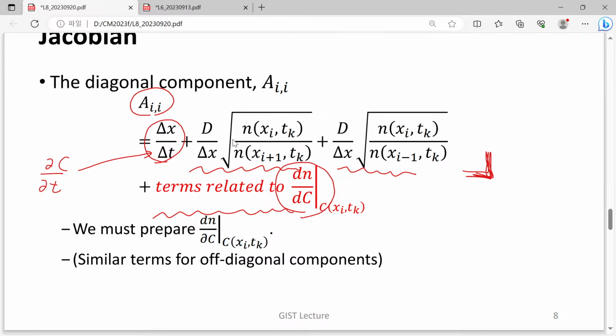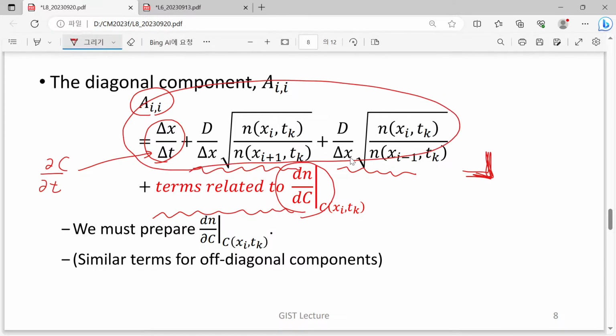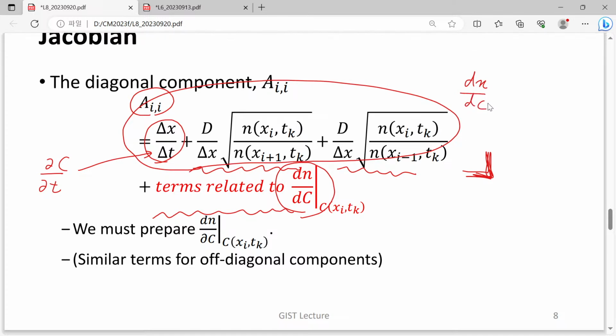When you evaluate your Jacobian without considering the dn over dc term, the convergence speed is quite degraded, but anyway you can get the solution. You must spend quite a long time, but if you wait a while longer, you will get the solution.